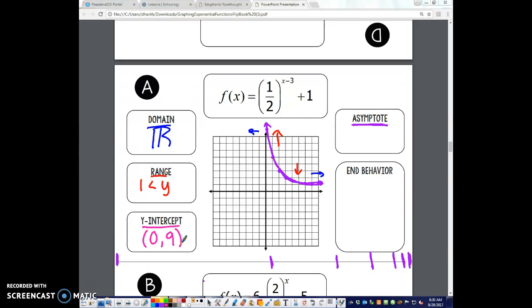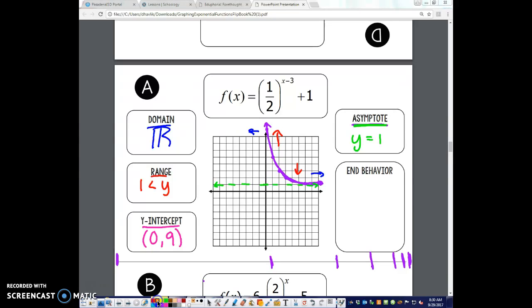Okay, don't forget your parentheses on your point. So now for our asymptote that we were looking at earlier. Our asymptote. Okay, where is our asymptote? At 1, right? It's this line, this invisible line that goes through here at 1. So we would write it as an equation, y equals 1, because it goes through y here at 1. Okay, so that's your asymptote.